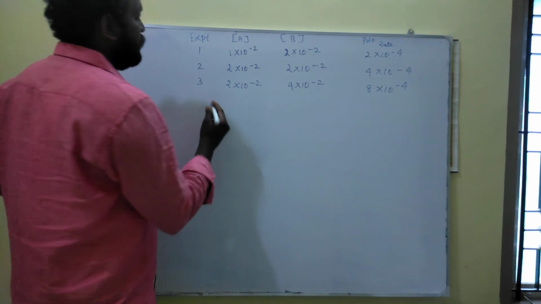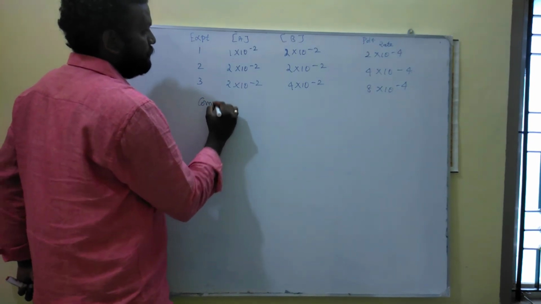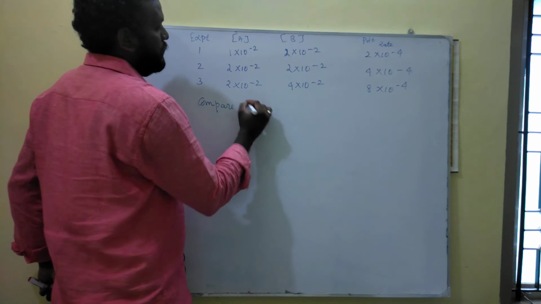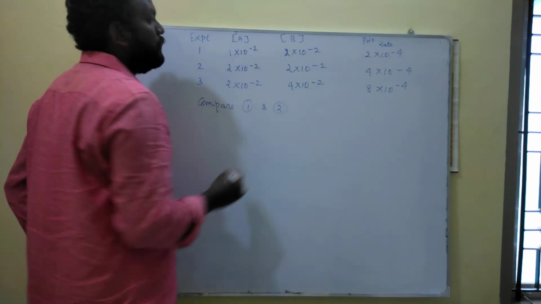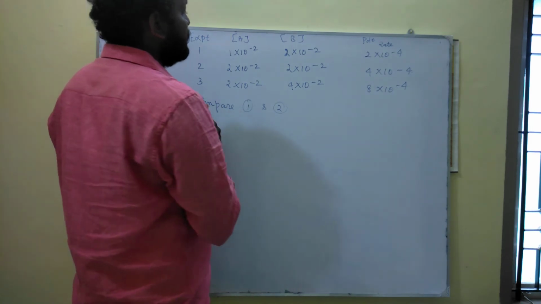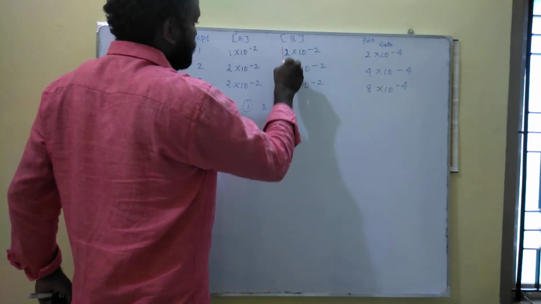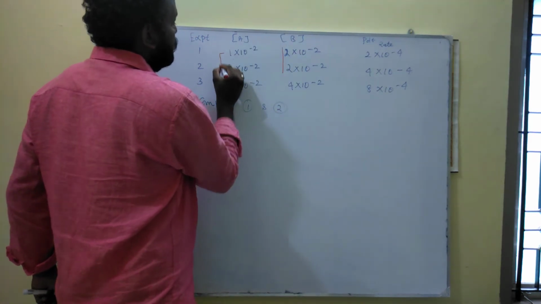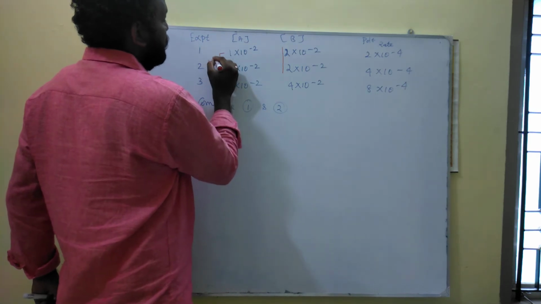Now compare experiments 1 and 2. Here B is kept constant. The concentration of A goes from 1 to 2, a 2 times increment.